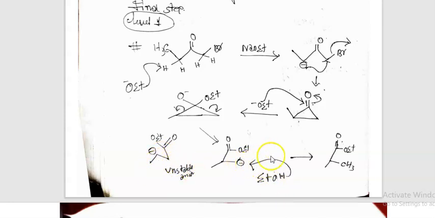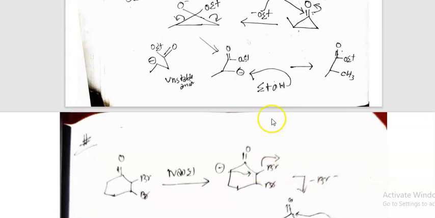In this other case there is no electron donating group, and the negative charge gets stabilized, so in the presence of ethanol, the negative charge can acquire H plus, and it gets this stabilized structure. Let us consider an example.